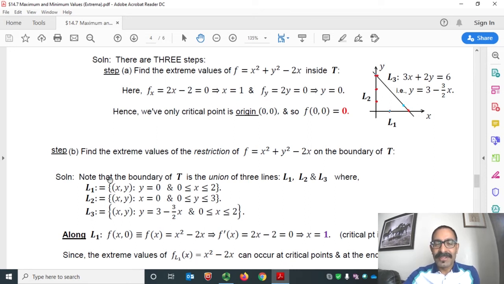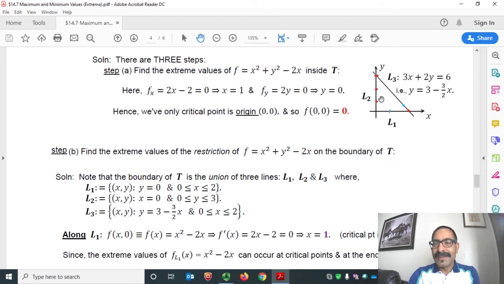So the boundary contains 3 lines here. One is L1, the x-axis, where y is 0 and x is between 0 and 2. Another line is L2, which is the y-axis, where x is 0 and y is between 0 and 3, right?